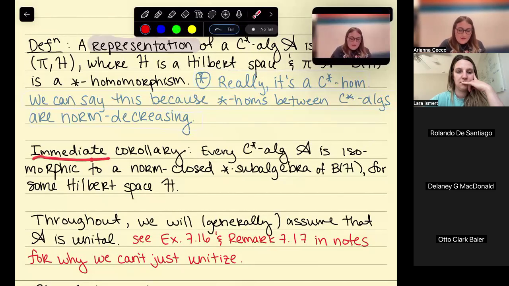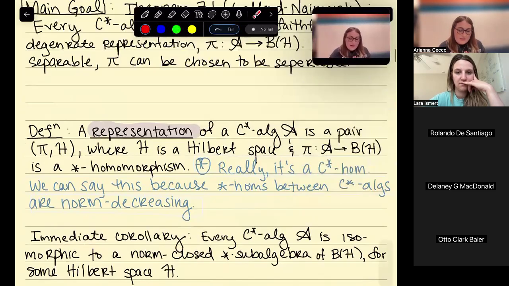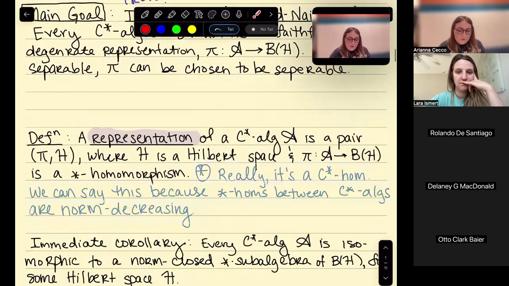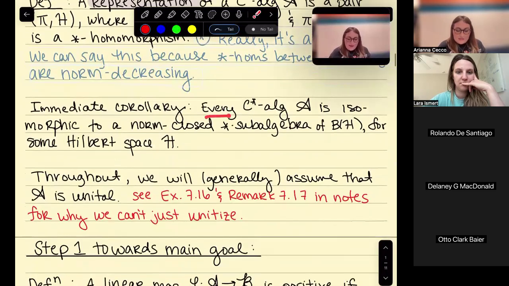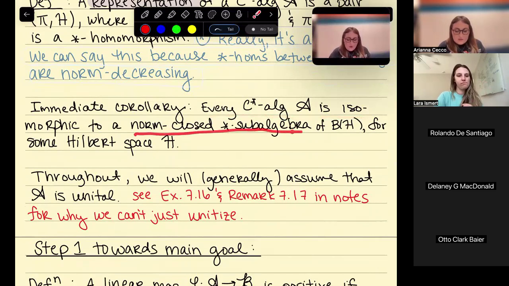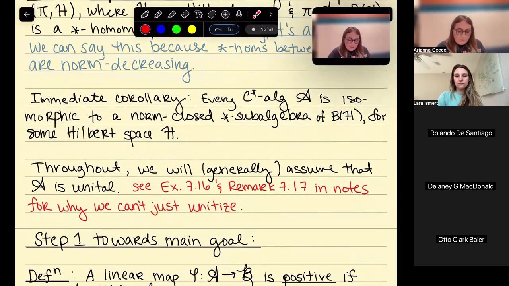So I'll just say one more time. An immediate corollary of this theorem 7.1 that we want to prove is that every C-star algebra is essentially a norm-closed star subalgebra of B of H. Throughout, in the notes and in my presentation, I'm generally going to assume that A is unital.